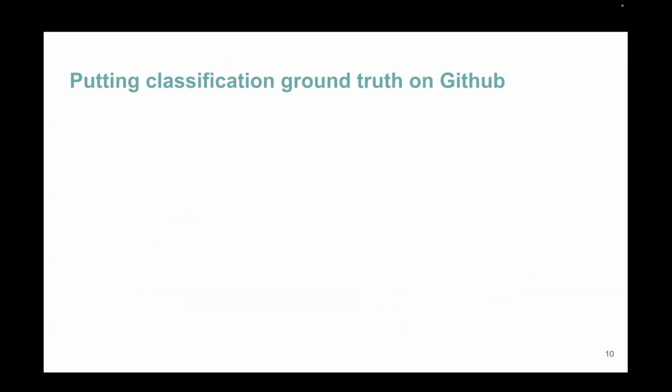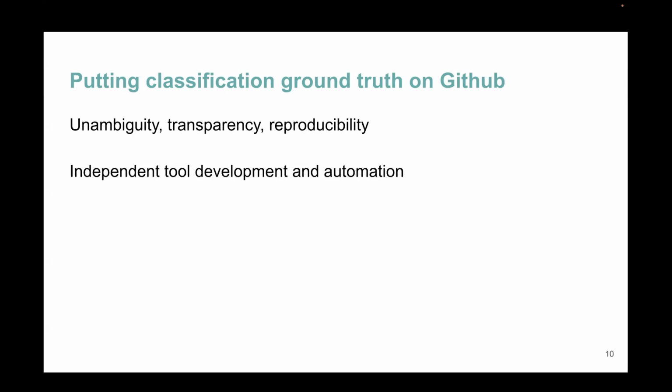Some further thoughts, if I have time: I think something that Pango did really well was to put the ground truth of the classification system on GitHub. It's unambiguous and transparent, people can see what it is, and they can talk about it without having to look it up in some paper. It also enables independent tool development.